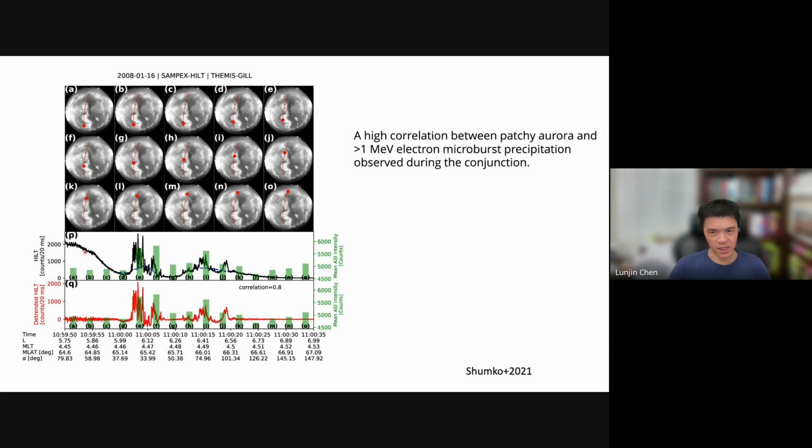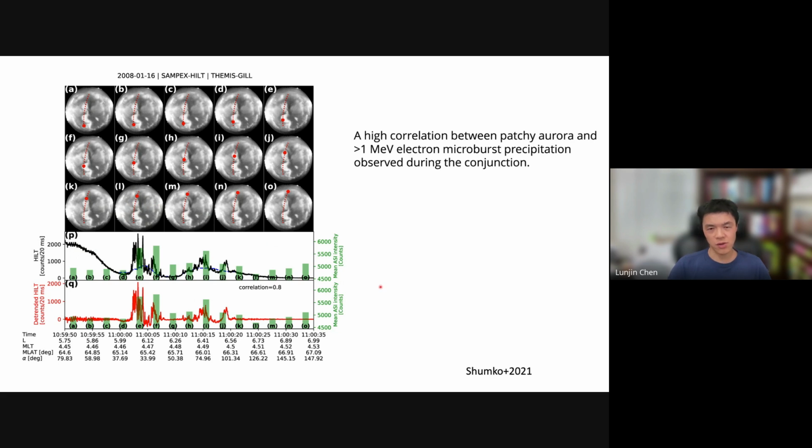So here, the black line is the electron measurement from SAMPEX, and the green bar represents the intensity of the all-sky imaging along the trajectory. The original flux, after you detrend it, is the red line. Now you start to see the correlation between the relativistic electron flux enhancement and the patchy aurora intensity.